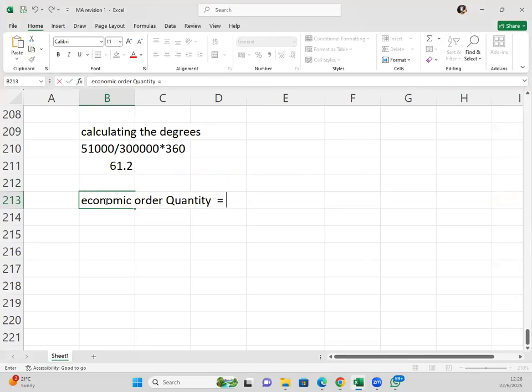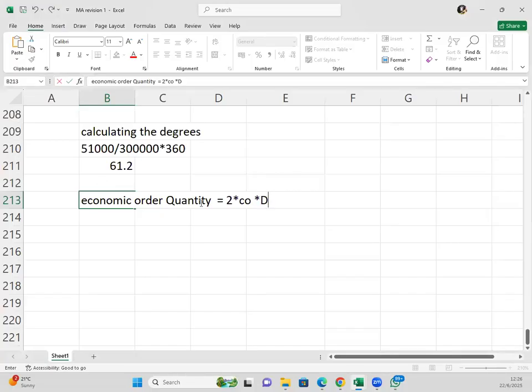So our economic order quantity is the square root of 2 times CO, where CO is the cost of ordering, times D, which is demand.